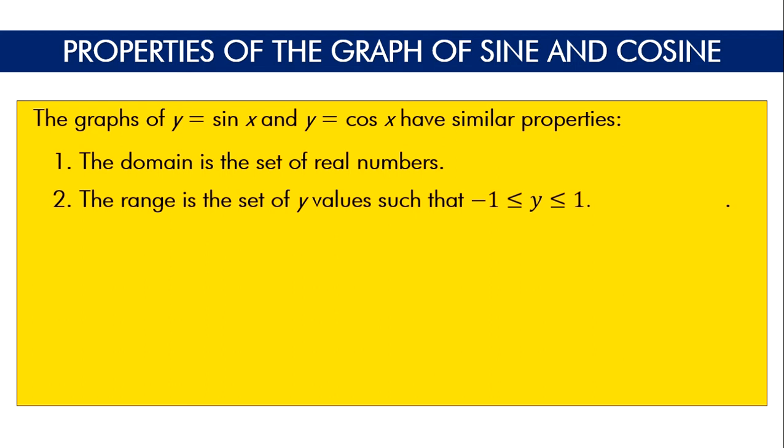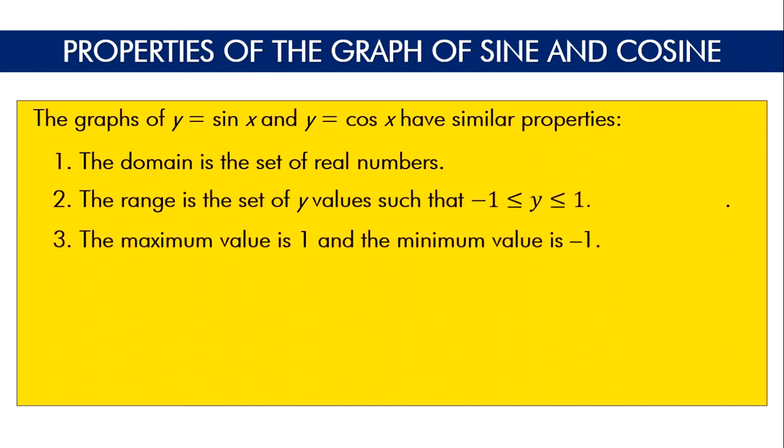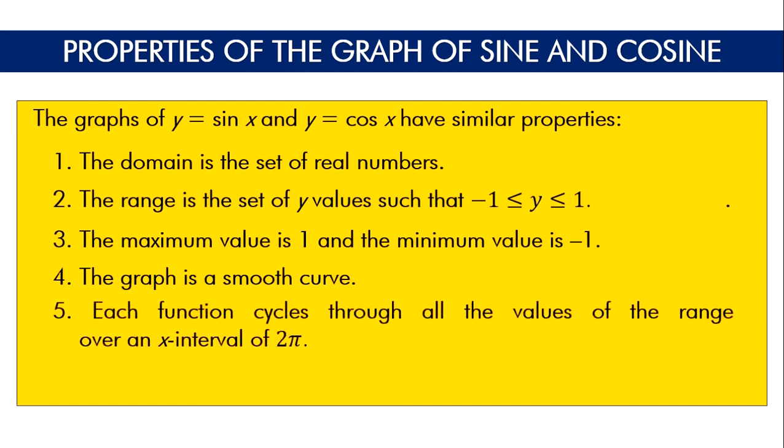In summary, when it comes to its properties, the domain is the set of all real numbers. The range is the set of y values such that y is from negative 1 to 1 inclusive. The maximum value is 1 and the minimum value is negative 1. The graph is a smooth curve and each function cycles through all the values of the range over an x interval of 2 pi.